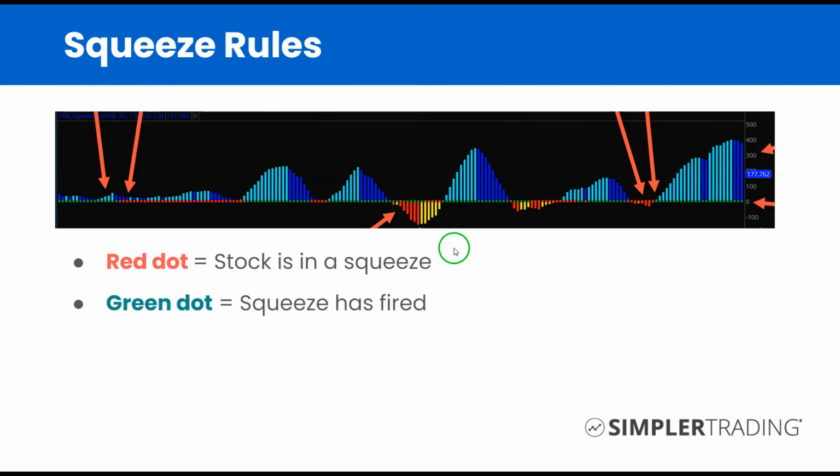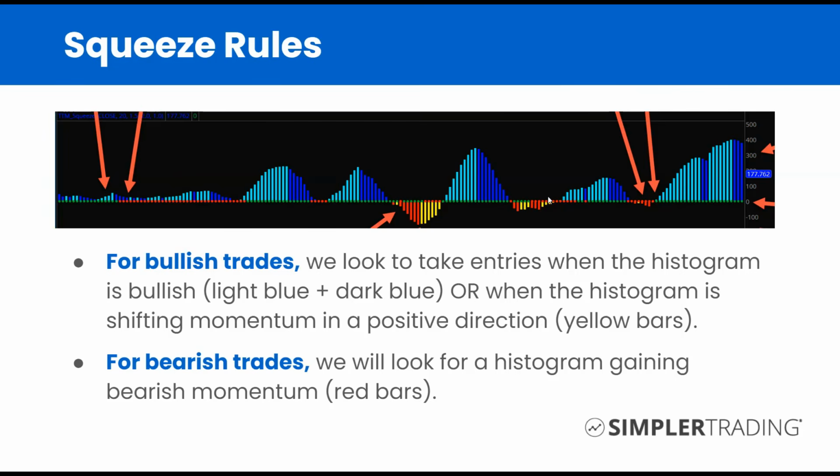So the squeeze rules. Red dot means we're in compression. At that point, I'm looking to get long or I'm looking to get short. When I start to get my green dots, meaning the squeeze is fired, that's when I'm thinking about taking profits. So for our bullish trades, we want to take entries when we have the red dots, ideally with a bullish histogram.